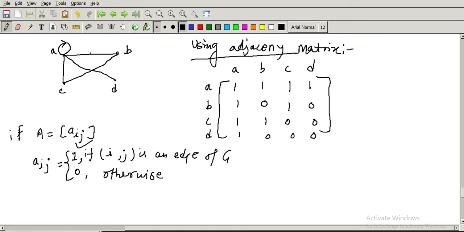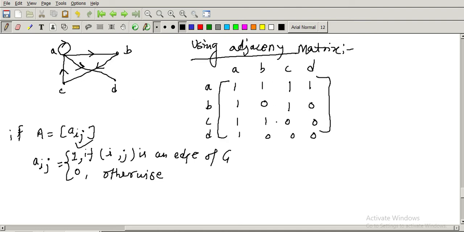So let's take an example for that. We have this, we have this, we have this, and we have this. So this is the directed graph.